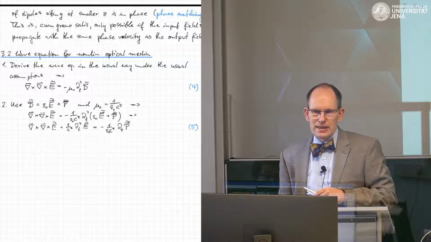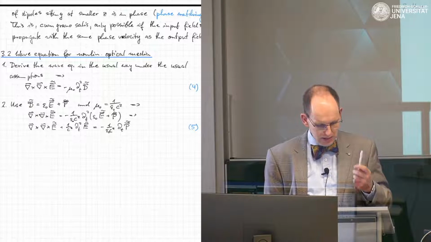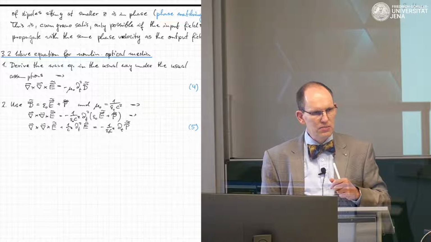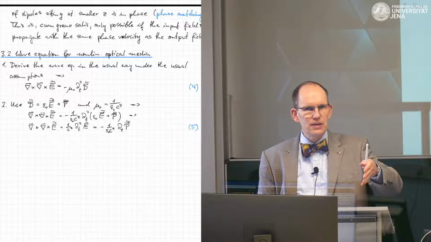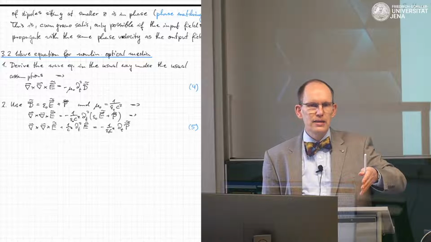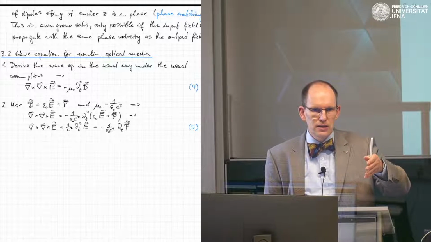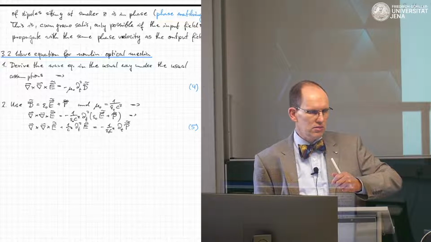Now, in nonlinear optics, this is not the case, because the argument that you make is that you again start with Gauss' law, and you say that the divergence of the D field is equal to 0, right?